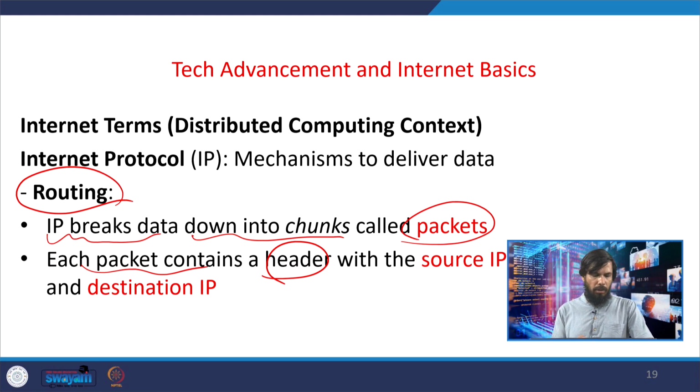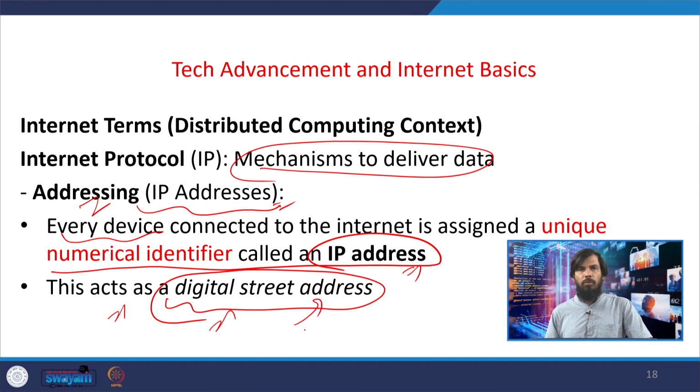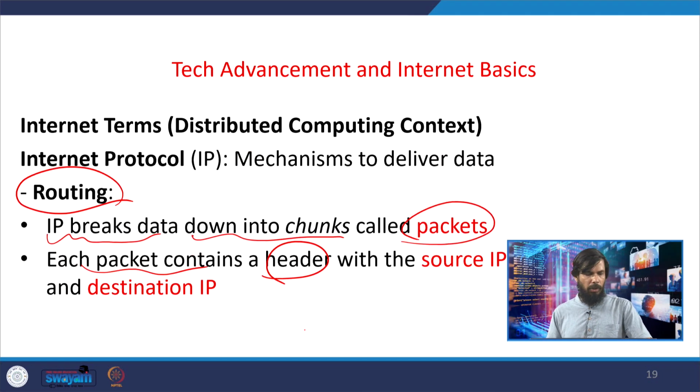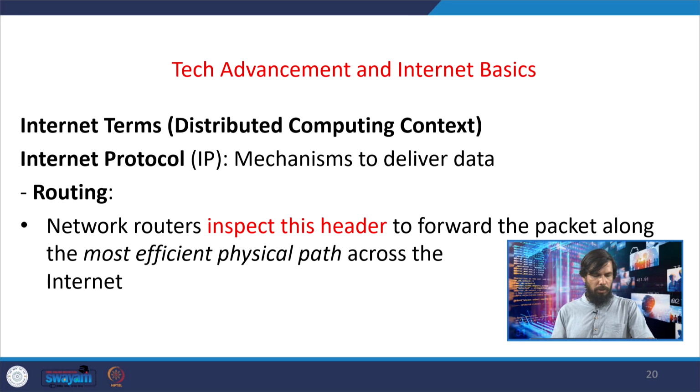Using this information, the routers in the network read the header and route the packets to the right destination, right. The header with the source and destination IP is like a digital street address which can be used to route the packet to the correct computational node.